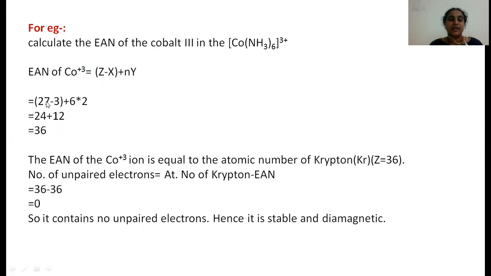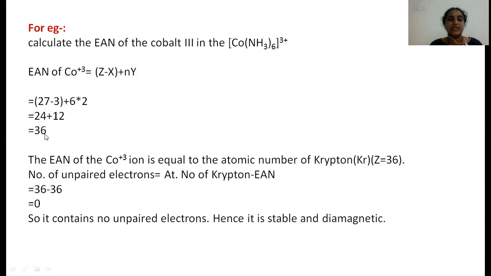Here is the metal atomic number, the oxidation number, the number of ligands, and the electrons donated by each ligand. From this we get 36.